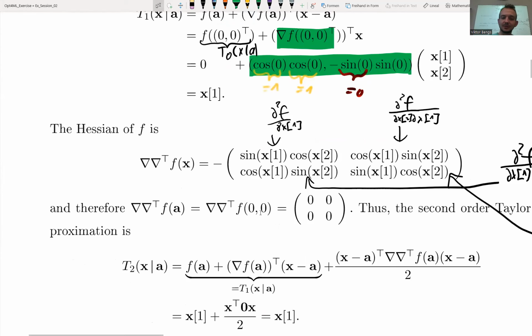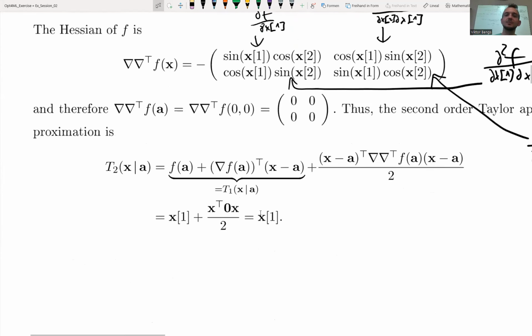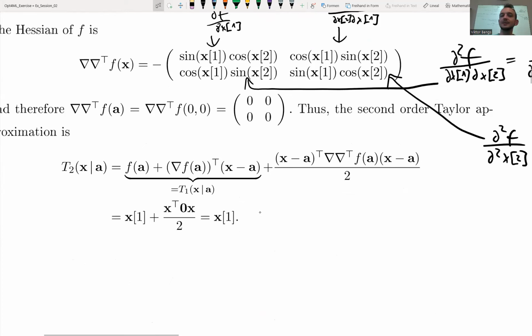So we can of course write it down, but it's quite clear the additional term which comes into play in the second order Taylor approximation will vanish, because you have here the 0 matrix in the quadratic form, and you can do any quadratic form you want. It will be a 0 at the end.